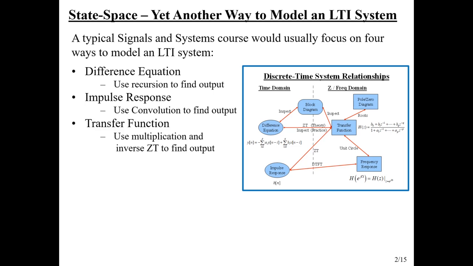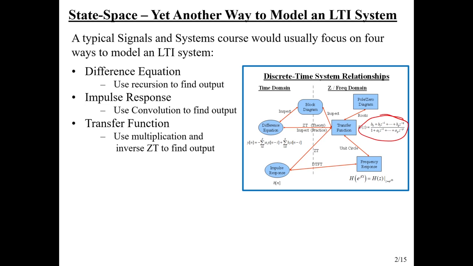Then we have the transfer function. I put that in the center here because I view that as the central, most important viewpoint of linear time invariant systems. We have an h of z here. It's on the z side, so it's a frequency domain thing.